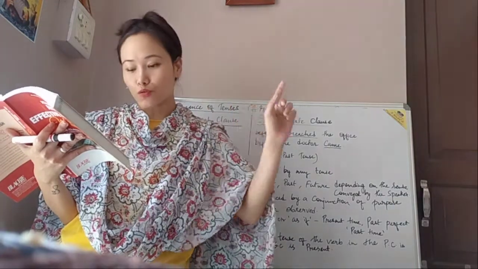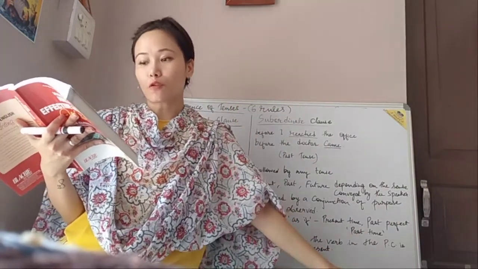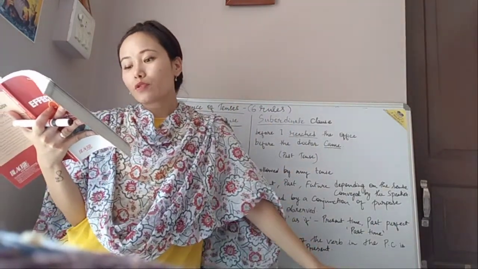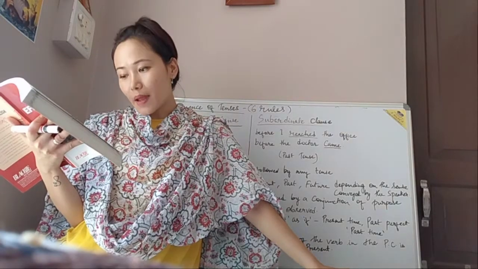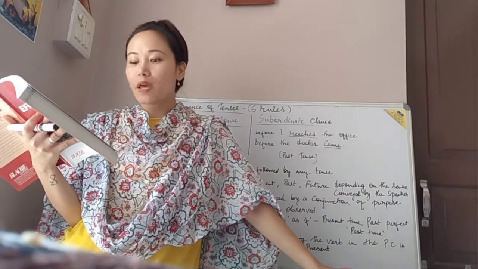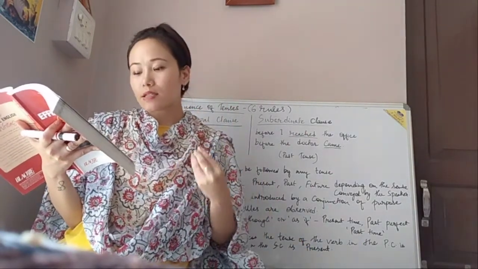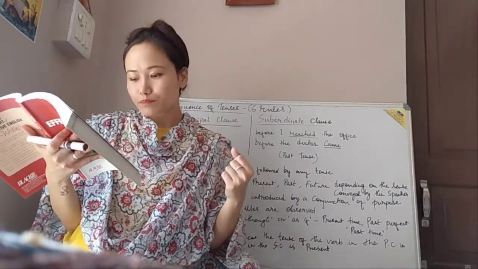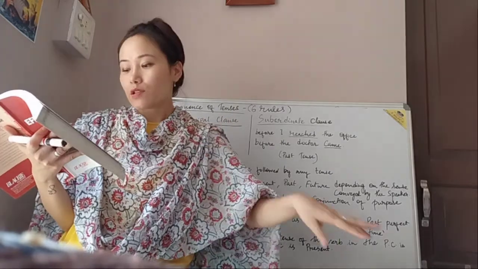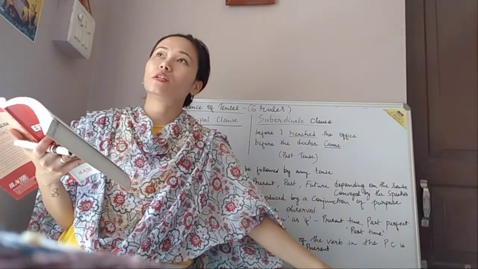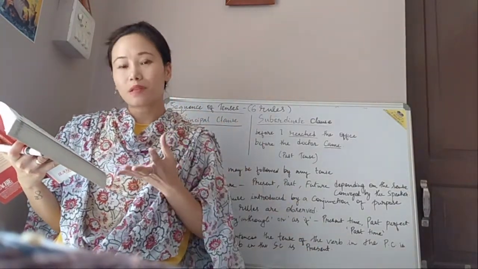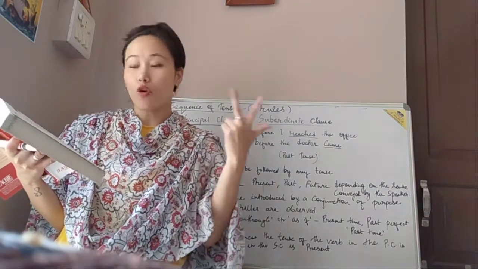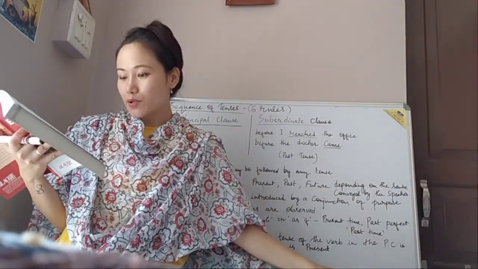Now exception 2, when we do not follow this rule, is when the subordinate clause denotes place, reason or comparison, it may be in any tense. So when your sentence is denoting a place, reason or comparison, at that time it may be not just present, it can be in past, present or future tense in the subordinate clause.